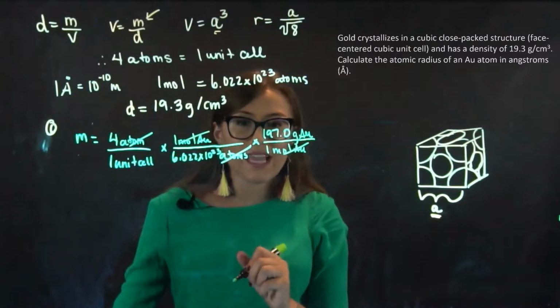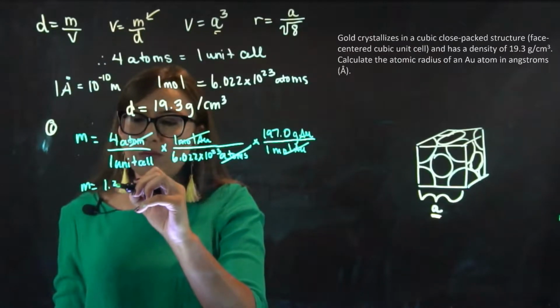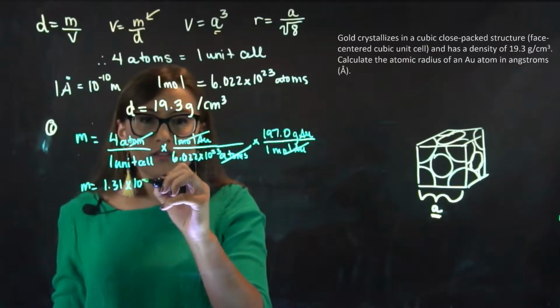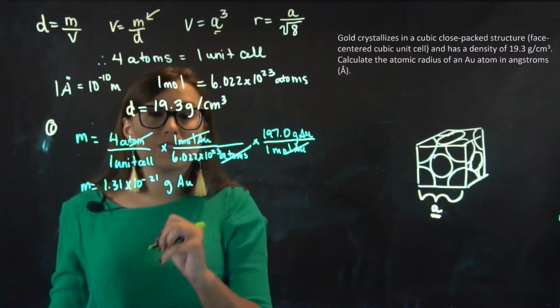Mole and mole cancel out, and we'll have a mass that is equal to 1.31 times 10 to the negative 21 grams of gold per unit cell.